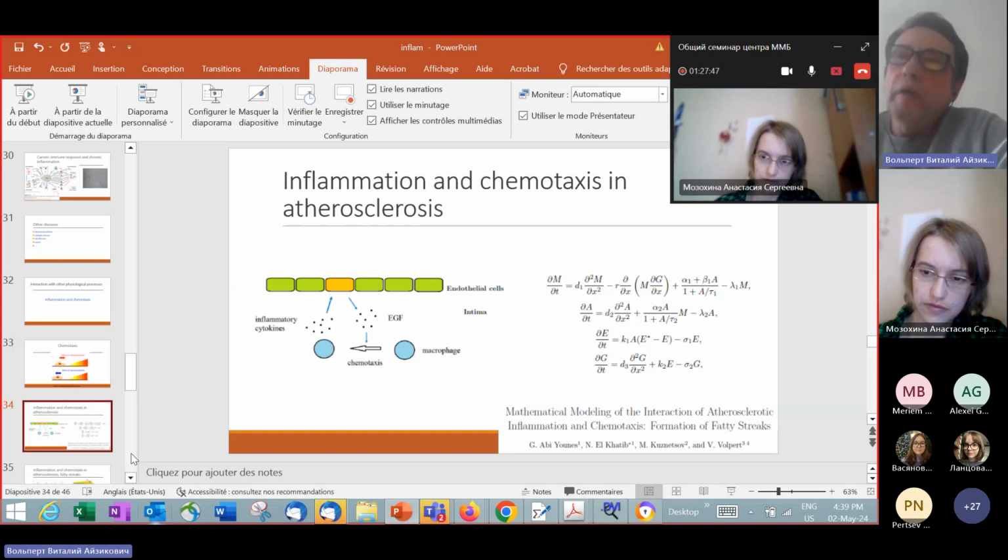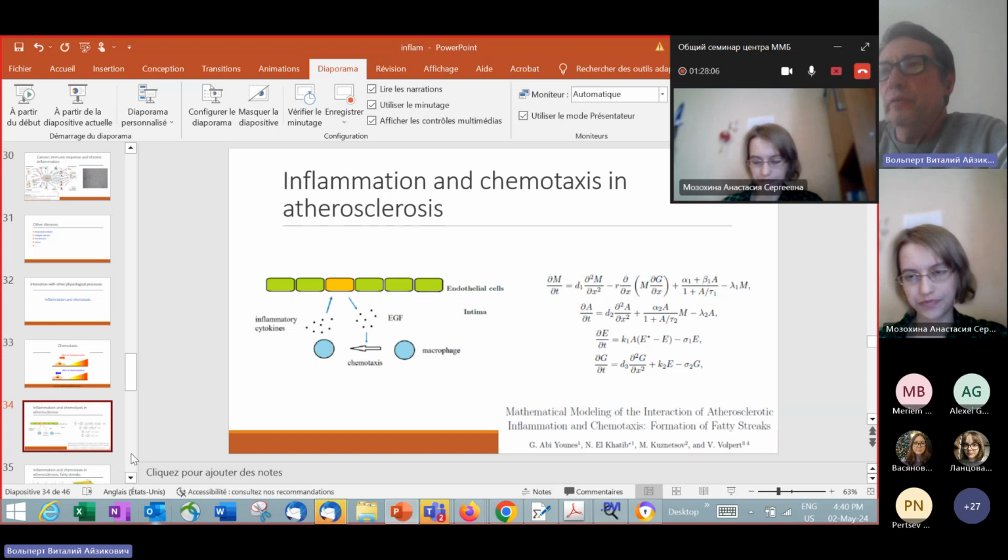Okay. So first of all, the simplest interpretation is that it's an instability of some equilibrium. We have a stationary point which does not depend on space. It is constant in space, stationary solution.